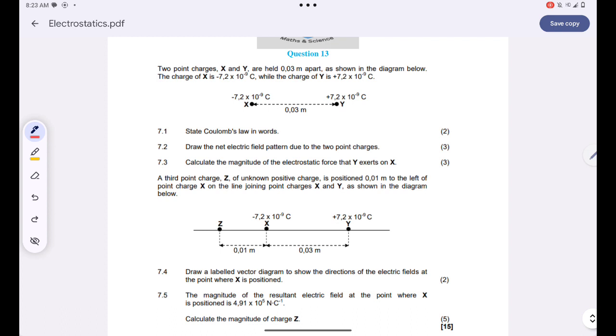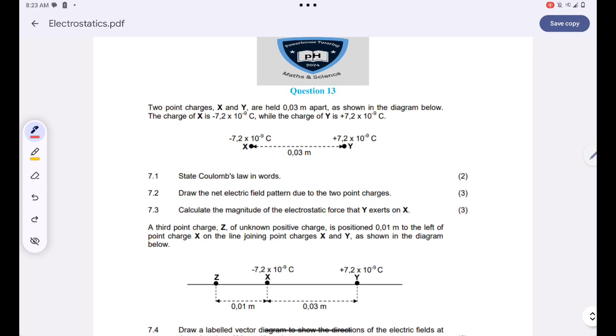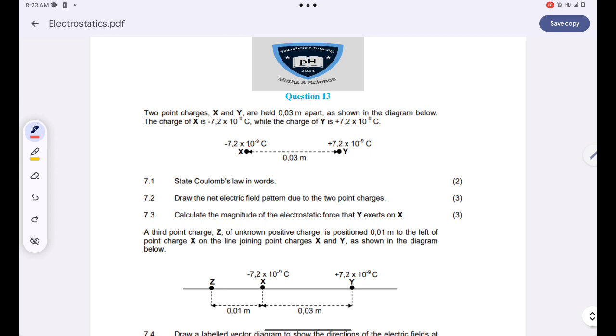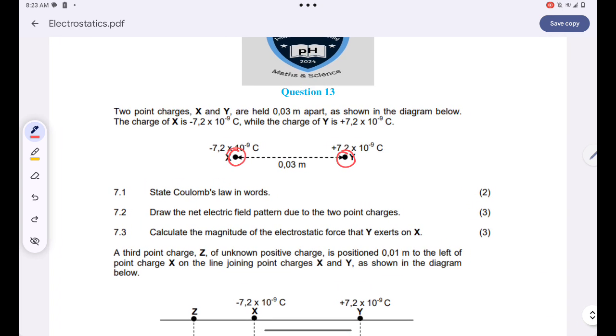Okay, and now they want us to draw the net electric field pattern due to the two point charges. Since you don't have enough space, I'll draw the pattern over here.